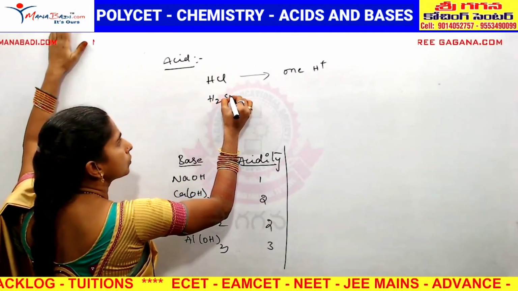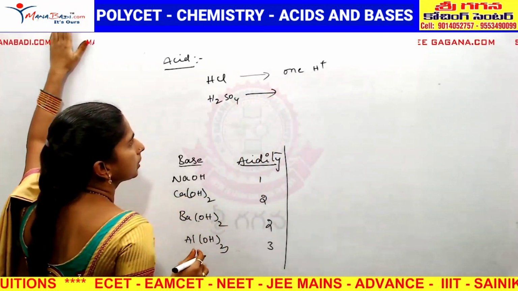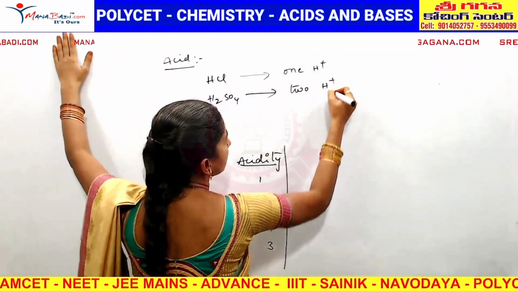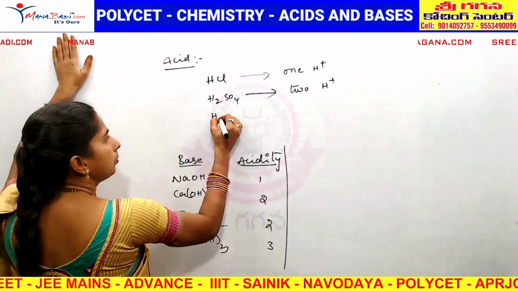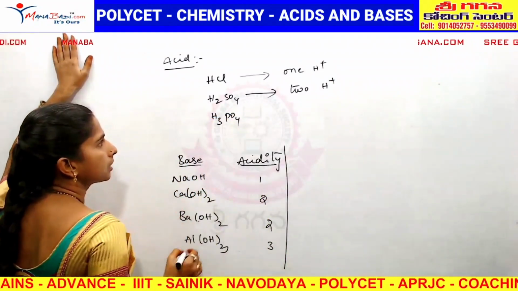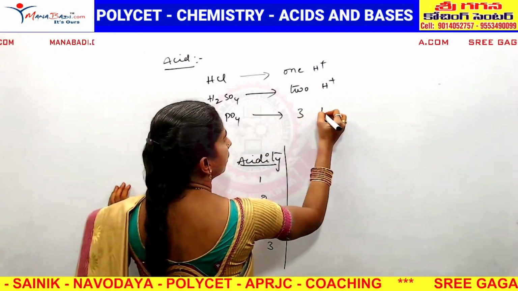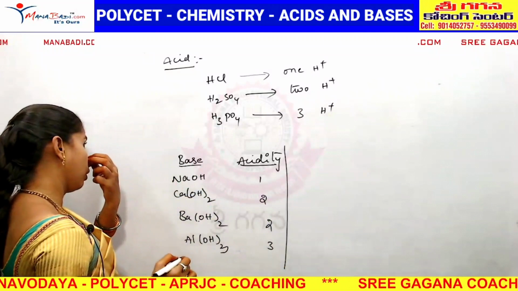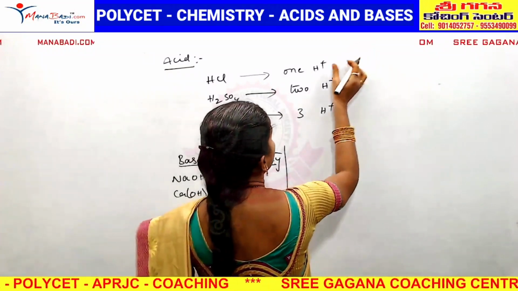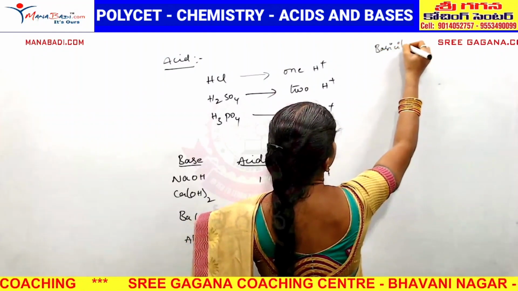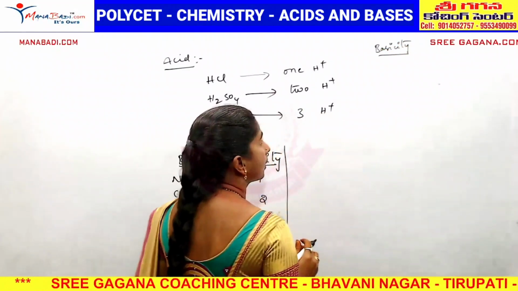And H2SO4, how many H plus ions can it release? Two H plus ions. H3PO4 can release 3 H plus ions.